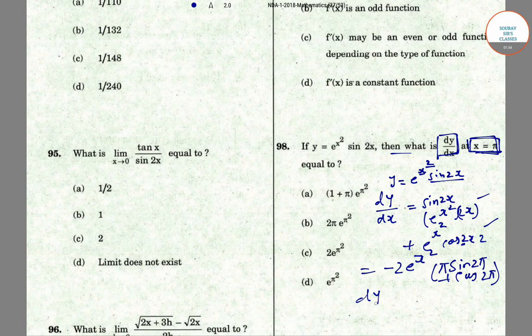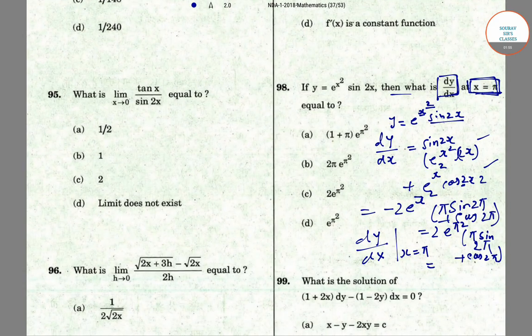Now if you simply solve it, dy/dx at x equals pi is equal to 2 e to the power pi squared, pi sine 2 pi plus cos 2 pi, which is basically equal to 2e to the power pi squared.